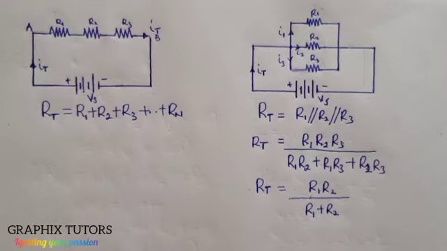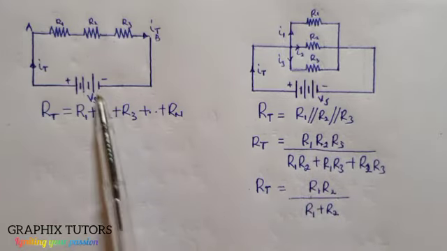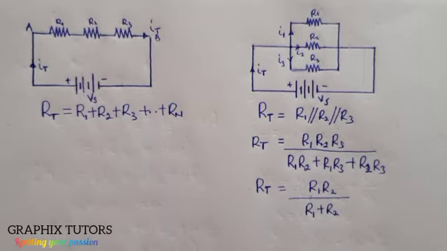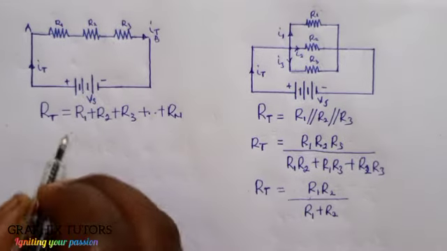Now, like I said earlier, let me now prove how I come about R total being equal to this, and R total being equal to this. Now, let's move forward. Proof.